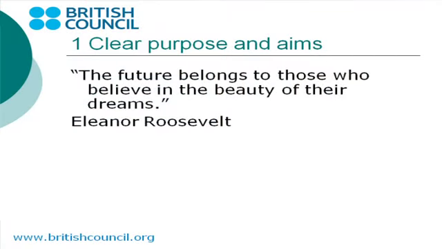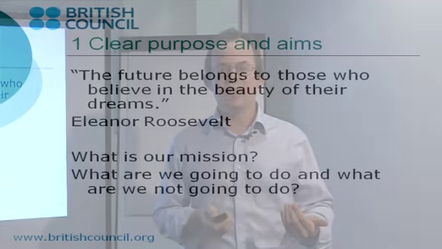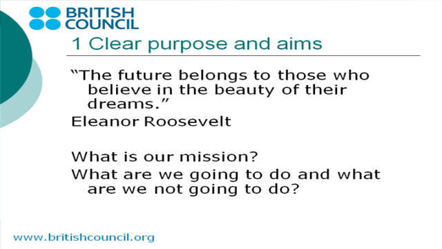Eleanor Roosevelt said, "The future belongs to those who believe in the beauty of their dreams." And the first thing to capture in any particular branch is a clear sense of purpose, a clear sense of what we are here to do. A clear answer to the question, what is our mission?